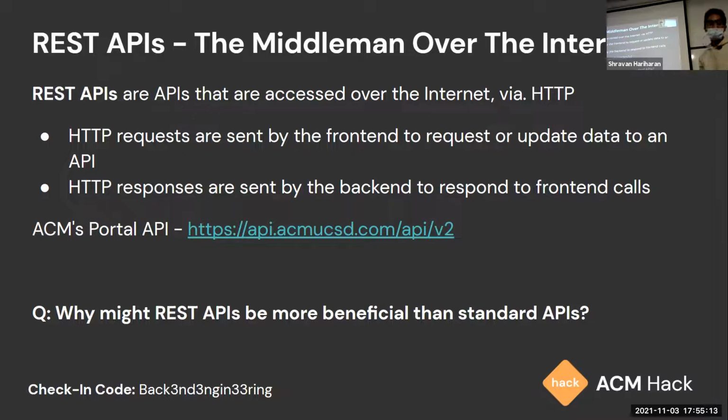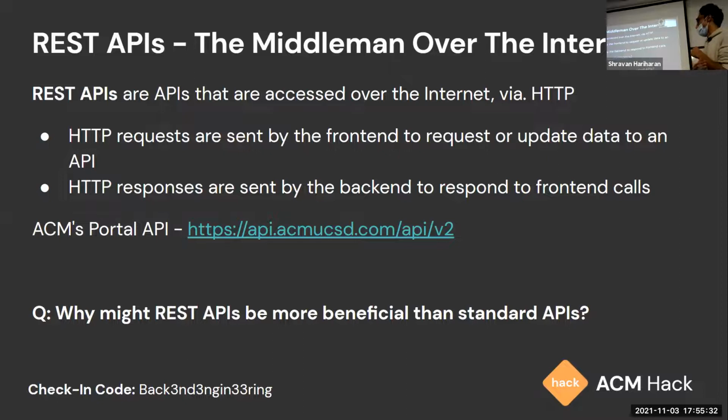So how we use this API is we have a front end, right? We have the UI, and the UI has its code. It will send an HTTP request to the API with some data, and the API will respond to that client or that UI with some data as well.